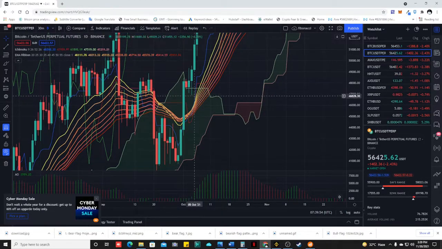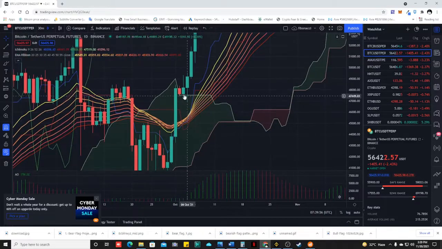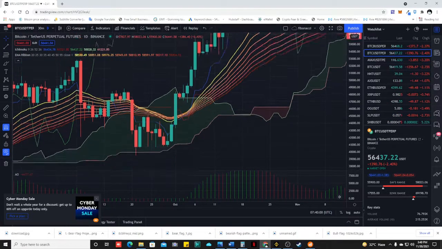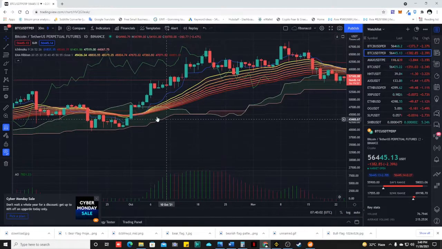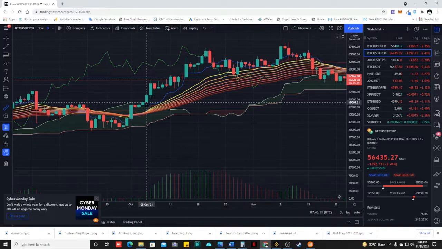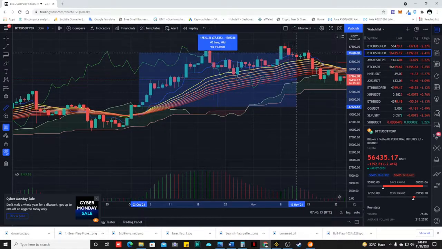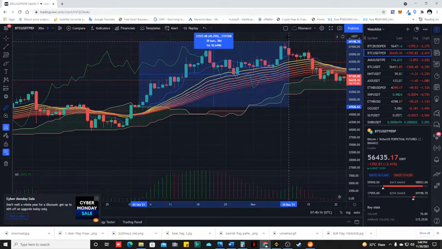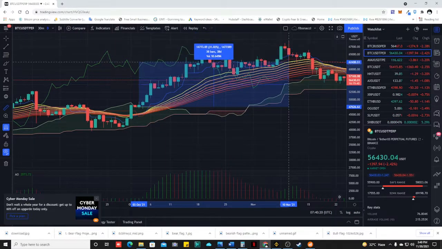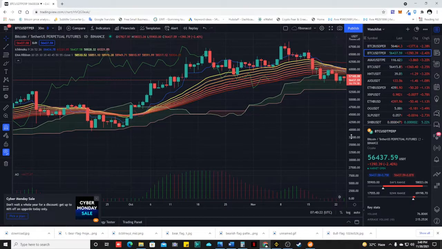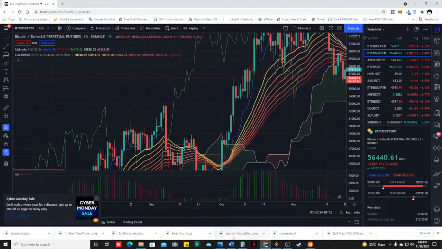Once it crosses, it's a bullish sign. And then it crosses the cloud. So it went up. Imagine that crossover of the blue to the red and then to the cloud. Imagine that one: 45% profit. So that's how Ichimoku works.